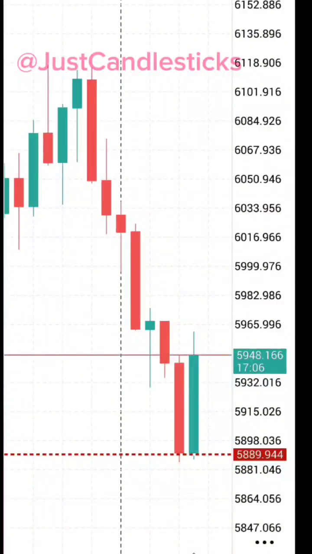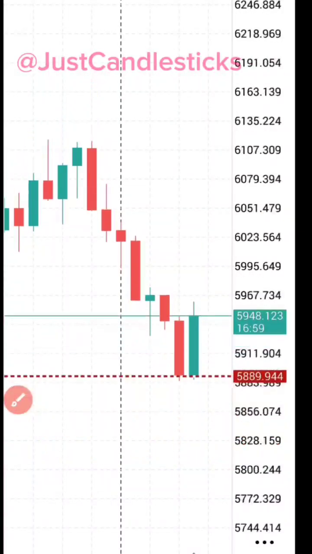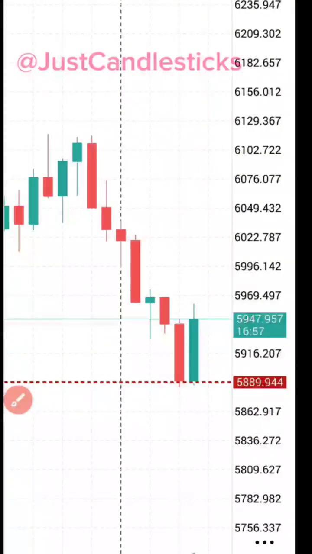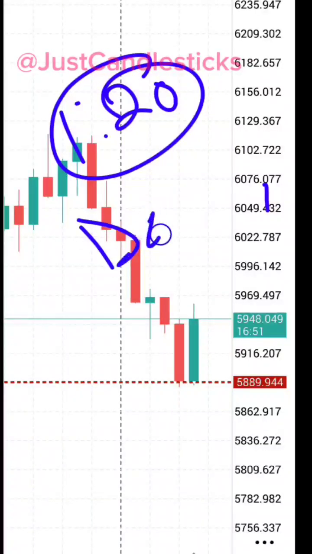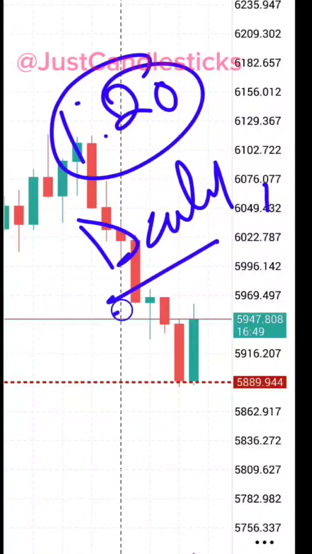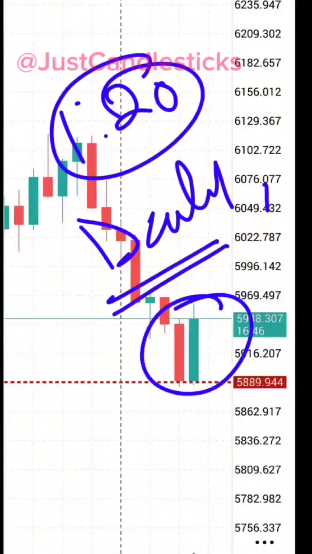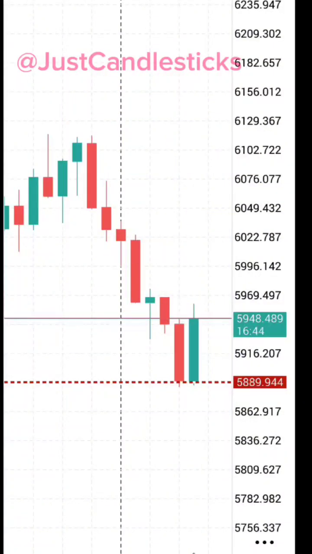So now going into my entry strategy, which is very, very important. Remember, we are looking into risk 1 to 20 for our daily trade. Okay, so let's see here. Now, I'll go into my another time frame, which is my 1 hour.